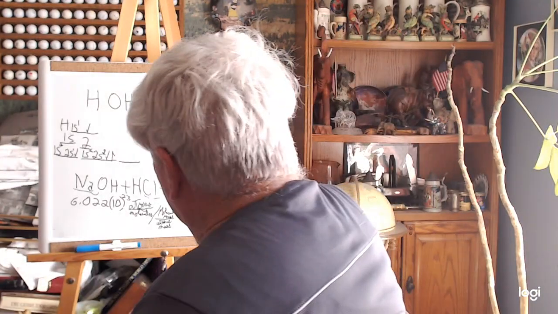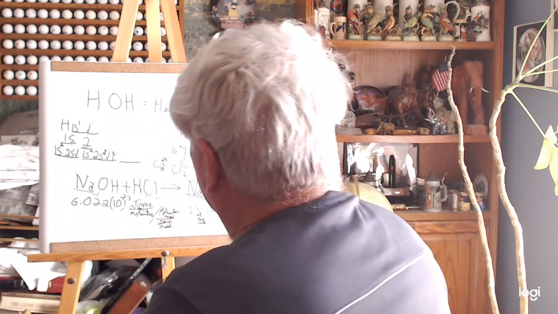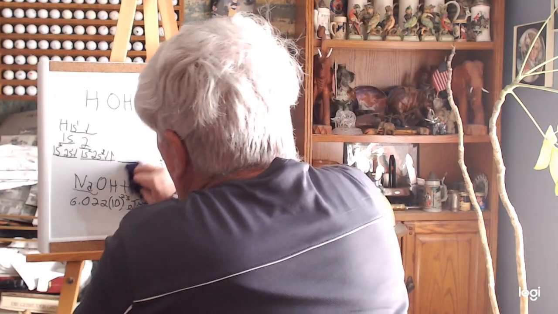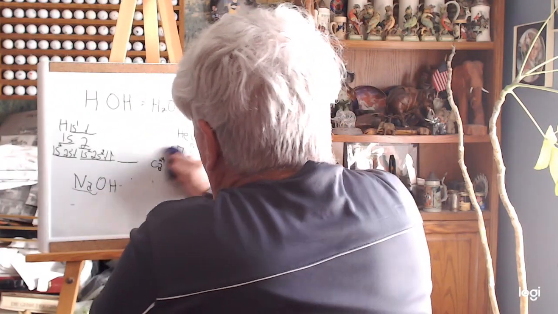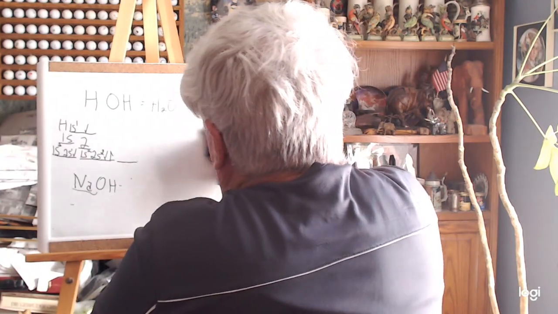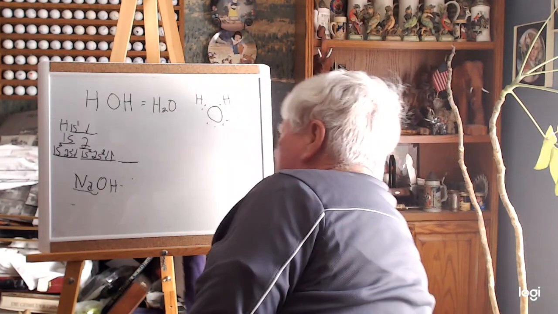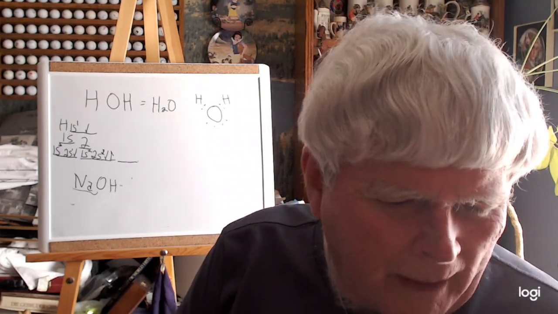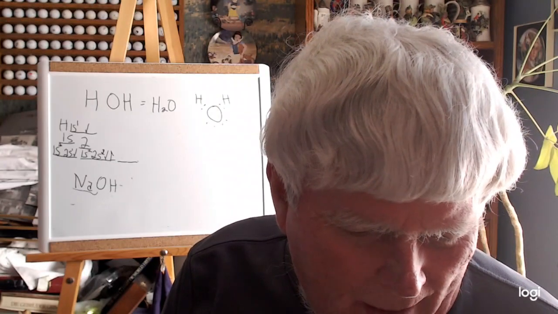So let's erase most of this. Because we're dealing with sodium hydroxide, we're going to actually deal with hydrochloric acid in a minute. So I'm going to wipe out a little bit of this, but not much.